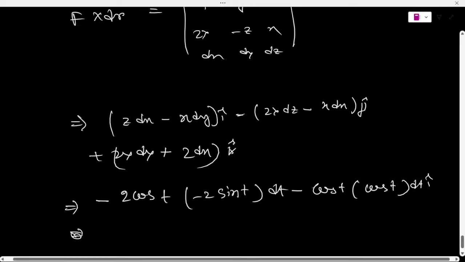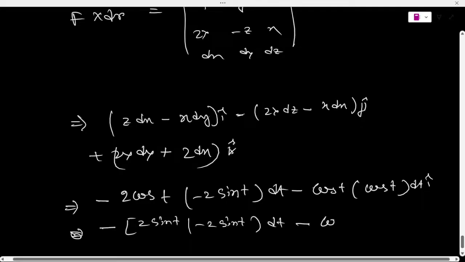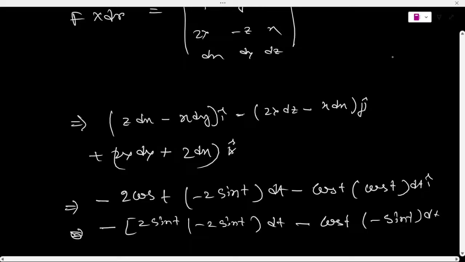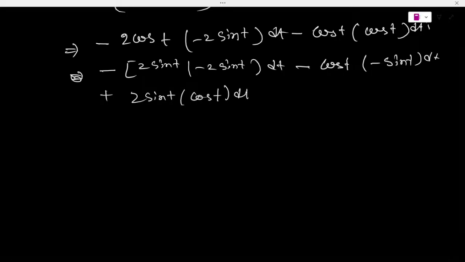And after that minus 2 sin t dt minus cos t minus sin t dt, plus 2 sin t cos t dt plus 2 cos t minus sin t dt into k.